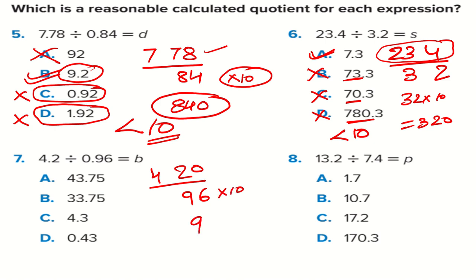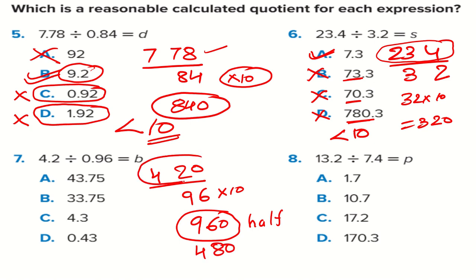It will be 960. So 420 is much less than 960. So you just make it half. Half of this will be what? It will be 480. So you see, this numerator is smaller than half even. It means this answer will be less than 5.